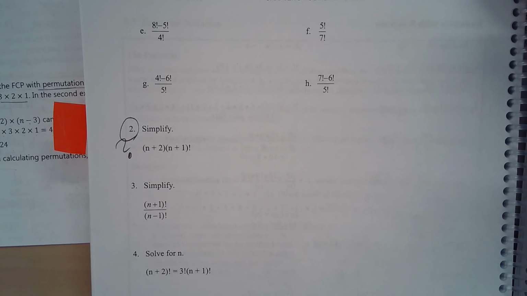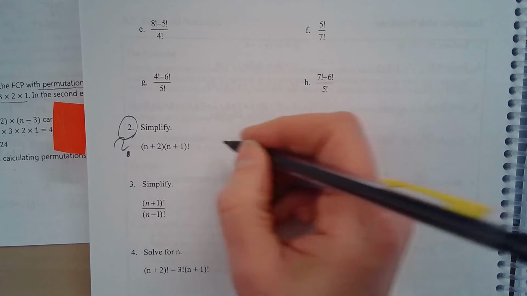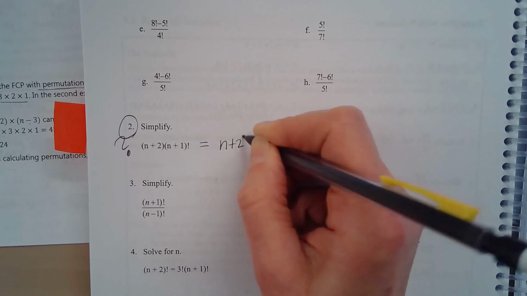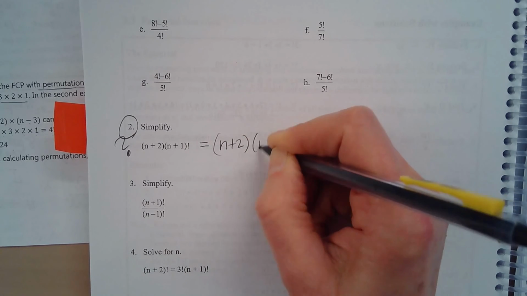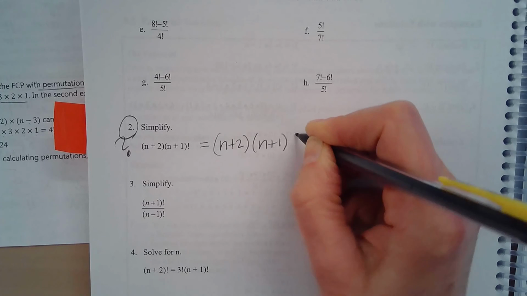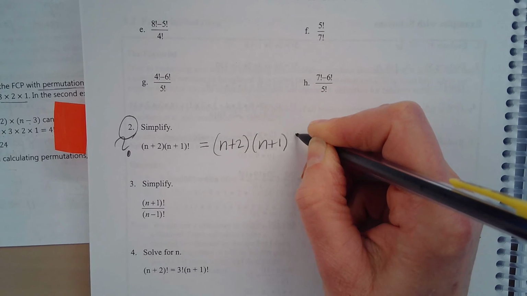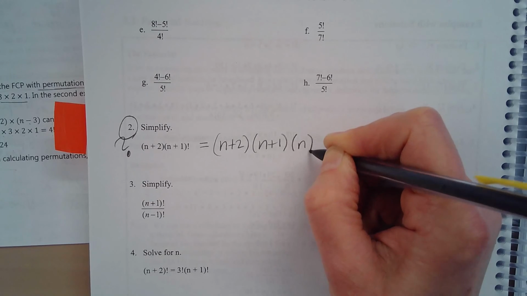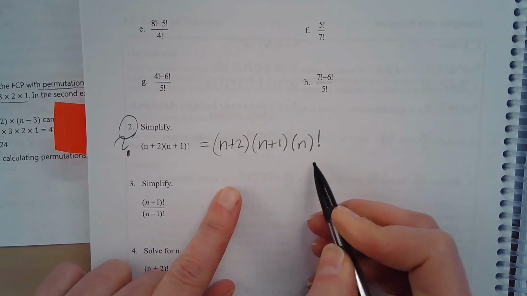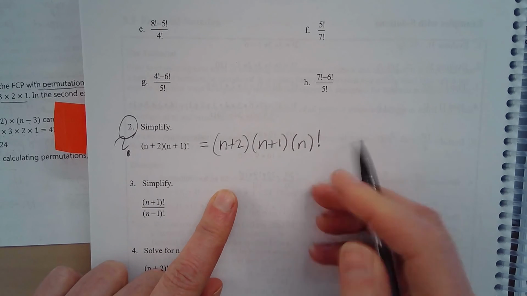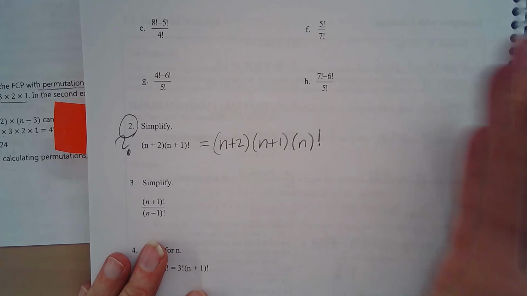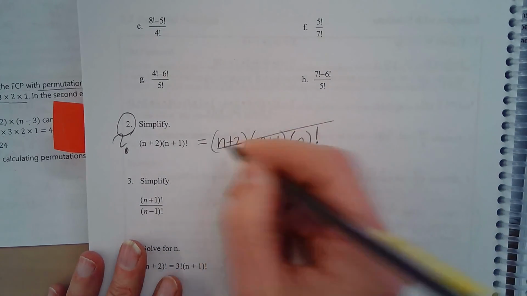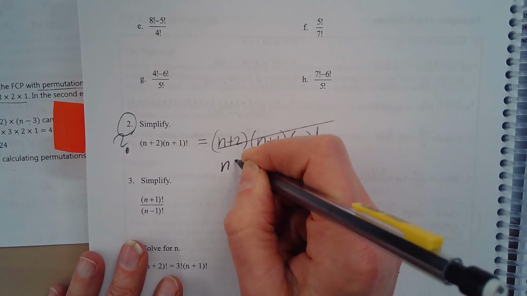To be honest, guys, I don't know what they want you to do in number 2. What would happen? You'd have n plus 2, n plus 1, n, right? Okay, is that simplifying? That's making things bigger, right? Wouldn't it be n plus 1 squared, n plus 2 and n plus 1 squared?